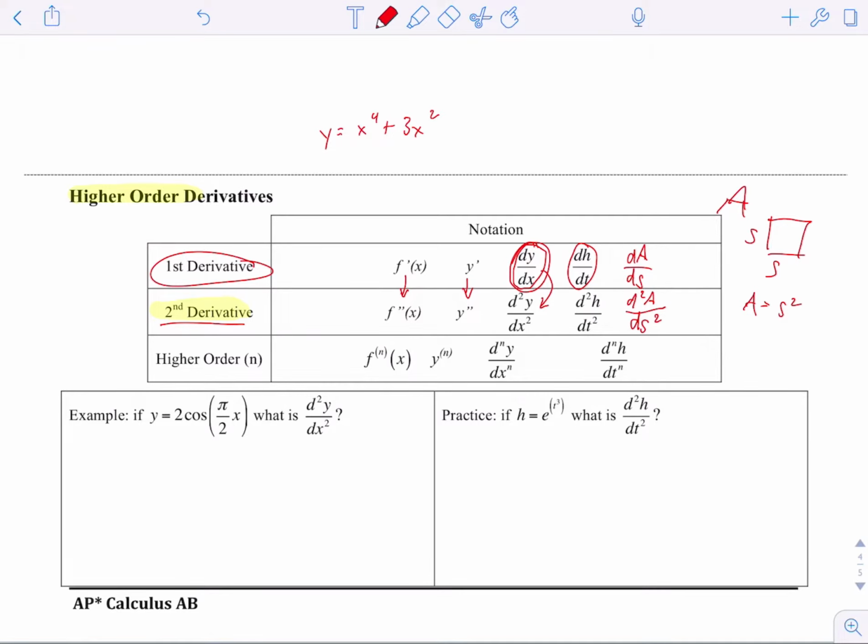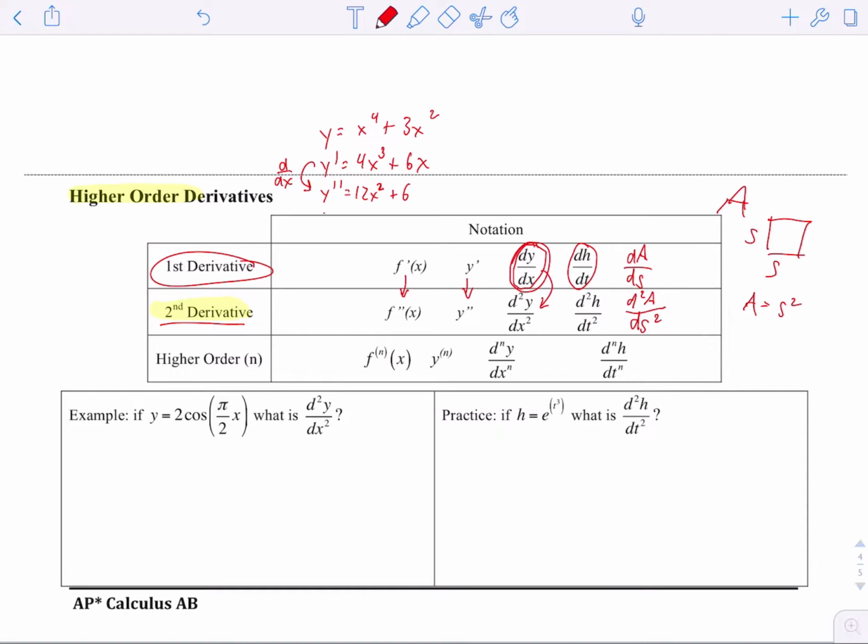Okay, so a first derivative would look like this: 4x to the third plus 6x. A second derivative just means take the derivative of the first derivative. And you'd get 12x squared plus 6. That's all a second derivative is.